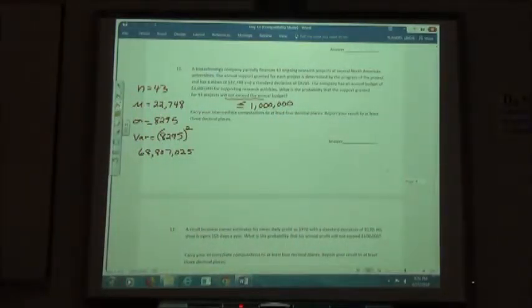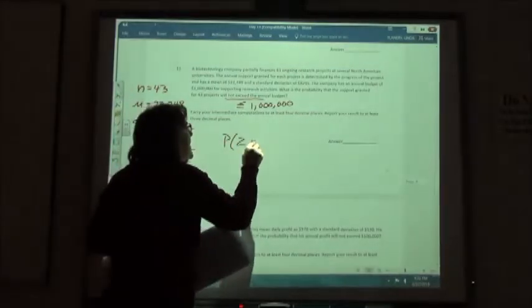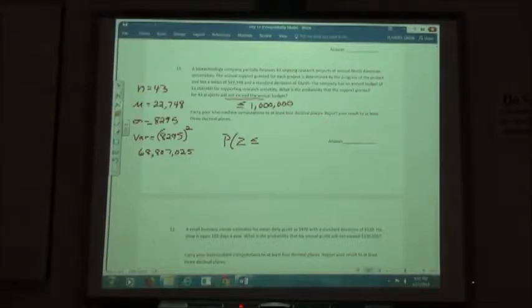Since this is a less than instead of a greater than, I don't need the 1 minus in front. So I'm just going to do P of Z is less than or equal to... it just blinked off on me and all my numbers were gone. Whew. Came back.